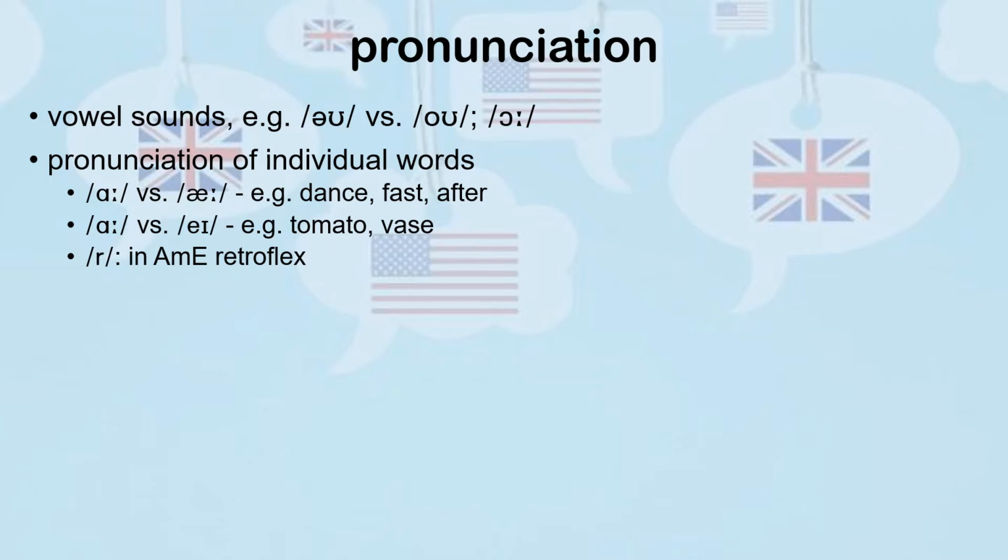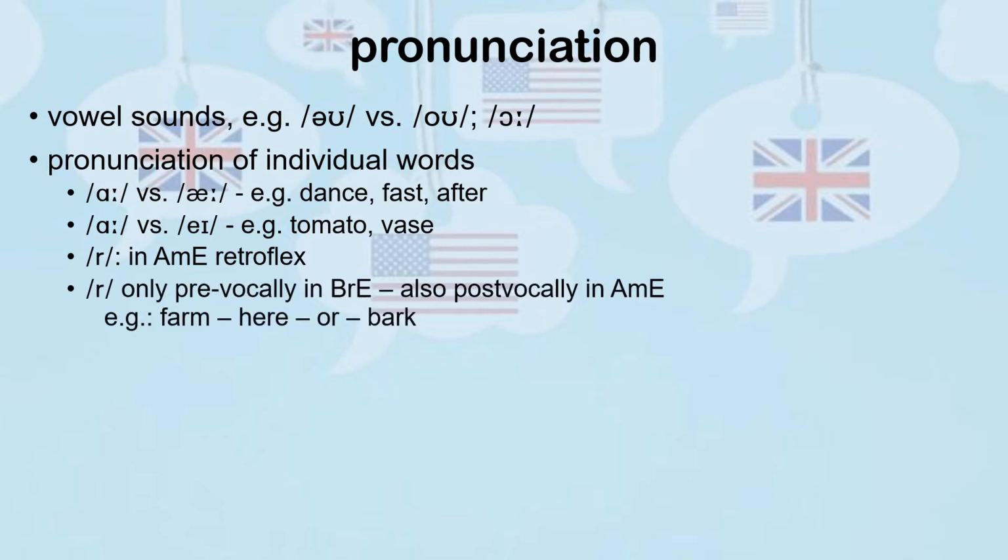Talking about the R sound. In American English, that sound is retroflex, meaning that your tongue is curled back in your mouth. In British English, your tongue is straight, or more or less straight in your mouth, definitely not curled back. So even the sound itself is different, let alone where it is used.